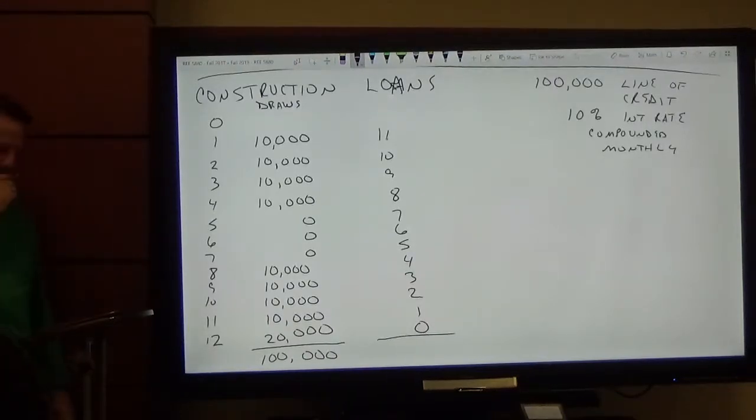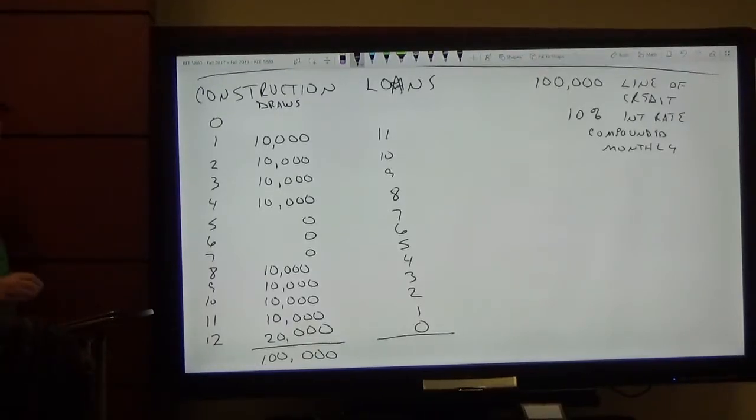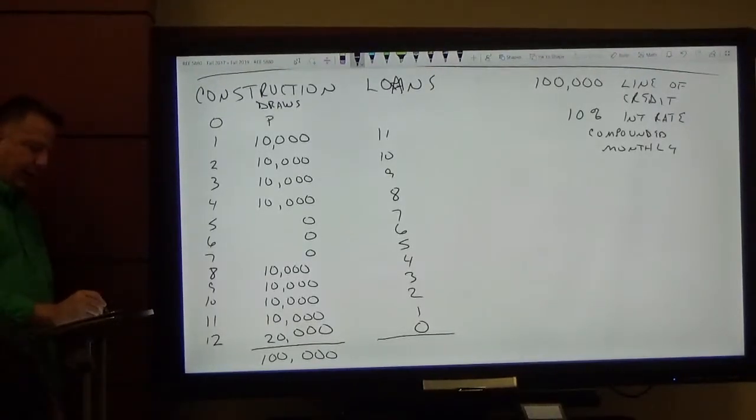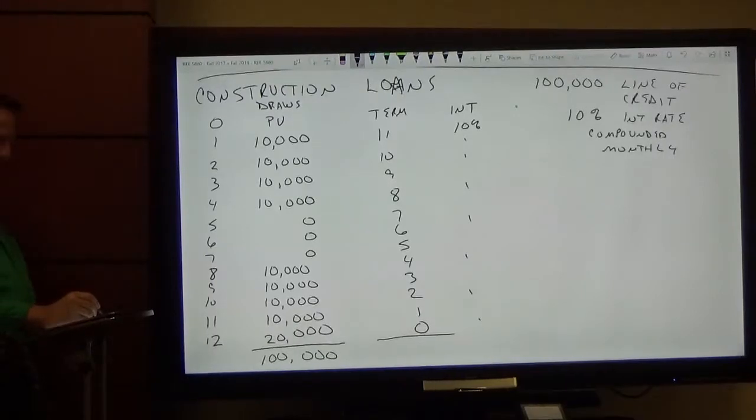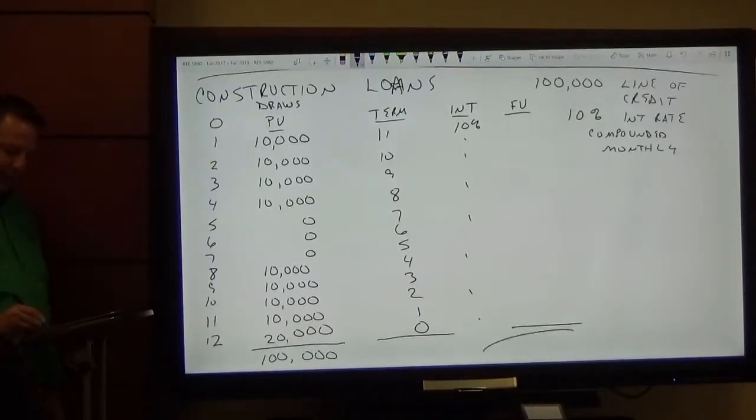Okay, now, in essence, what this sort of turns into is kind of like, this would be your present value, this would be your term in months, and then your interest rate is going to be a constant 10% all the way down, compounded monthly, and then you're going to be searching for the future value that would then be totaled up, and that would be the total amount that you would end up paying at the end of that 12 months.